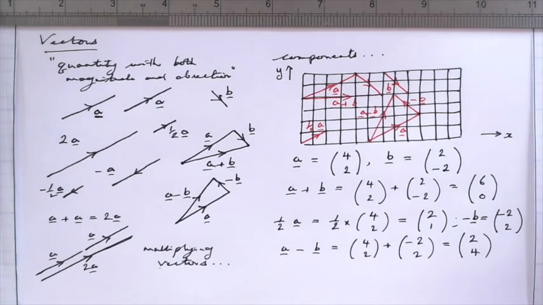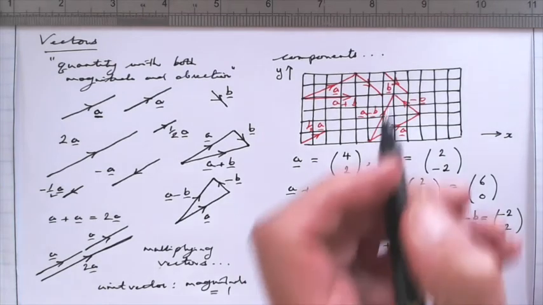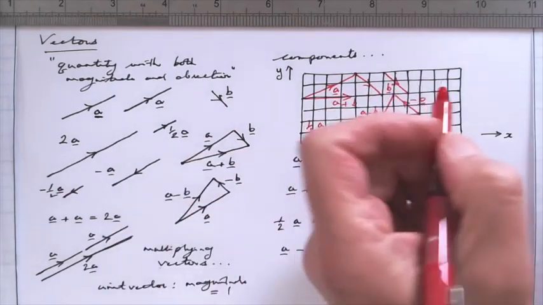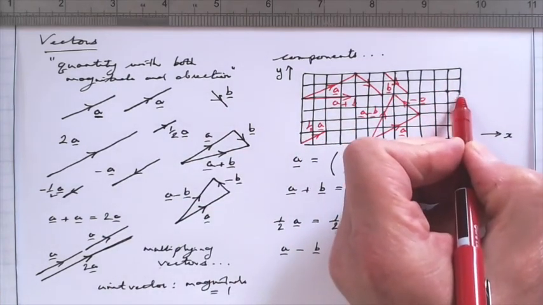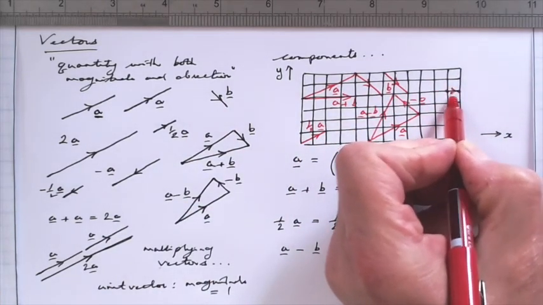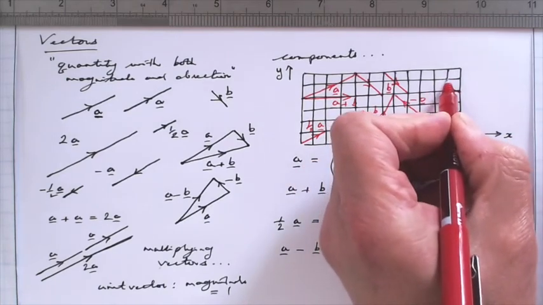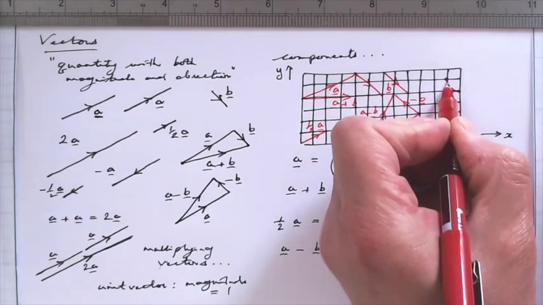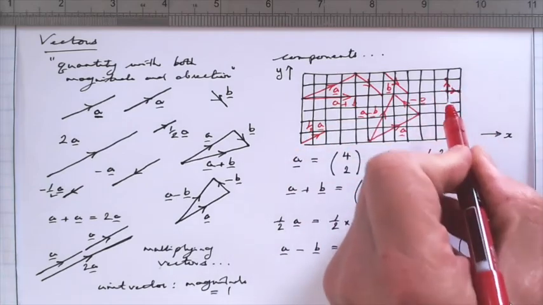writing components. Let's define a unit vector to be a vector that has magnitude 1. And then it's very convenient to define a unit vector that just points 1 unit in the x direction. And it's very convenient to define a vector that just points 1 unit in the y direction.